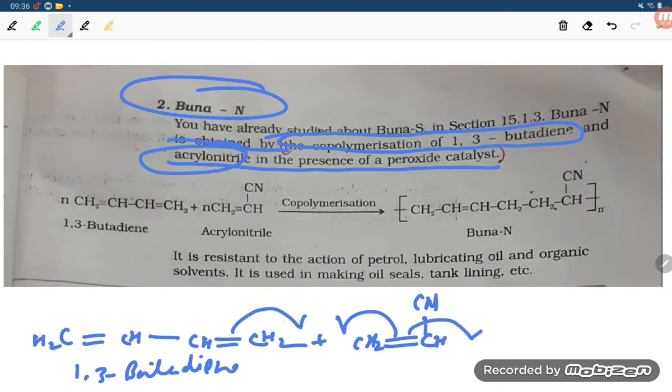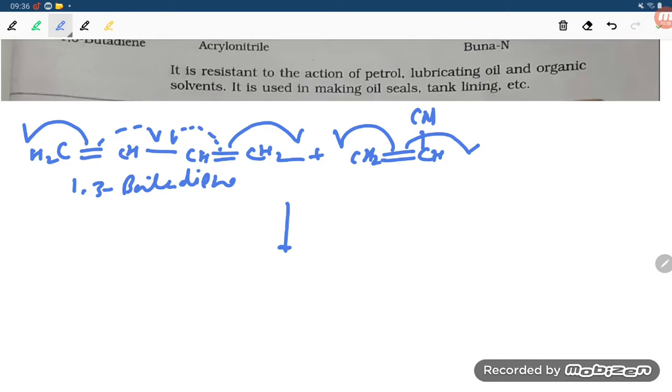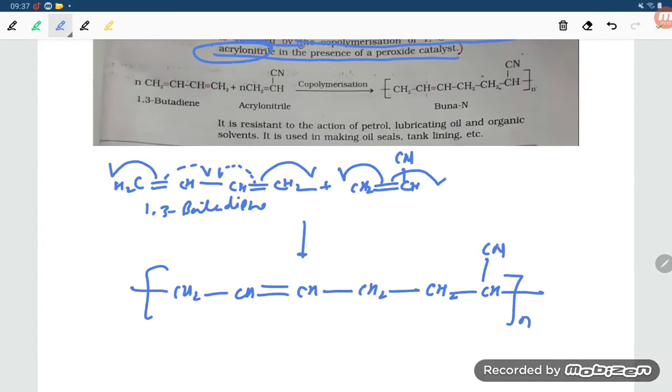So if you see where the double bond is, a single bond will form here, that is CH2. This is CH, and here is a double bond, that is CH, single bond CH2. Here is CH2 and here is CH, single bond. Here is CN. This is the n times. This is what is Buna-N.